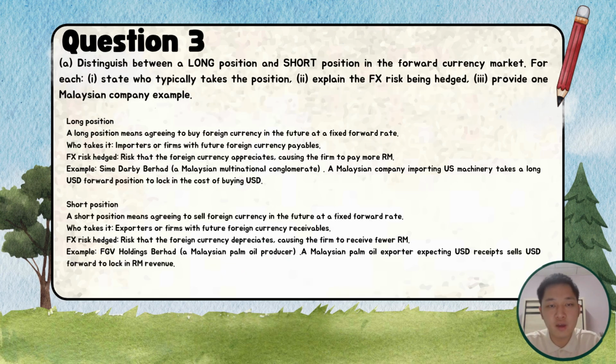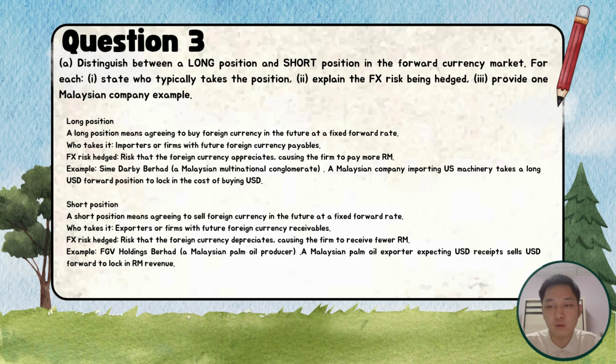For question 3a, I need to distinguish between a long position and a short position in the forward currency market. A long position means agreeing to buy foreign currency in the future at a fixed forward rate. This position is usually taken by importers or firms that have future foreign currency payables.